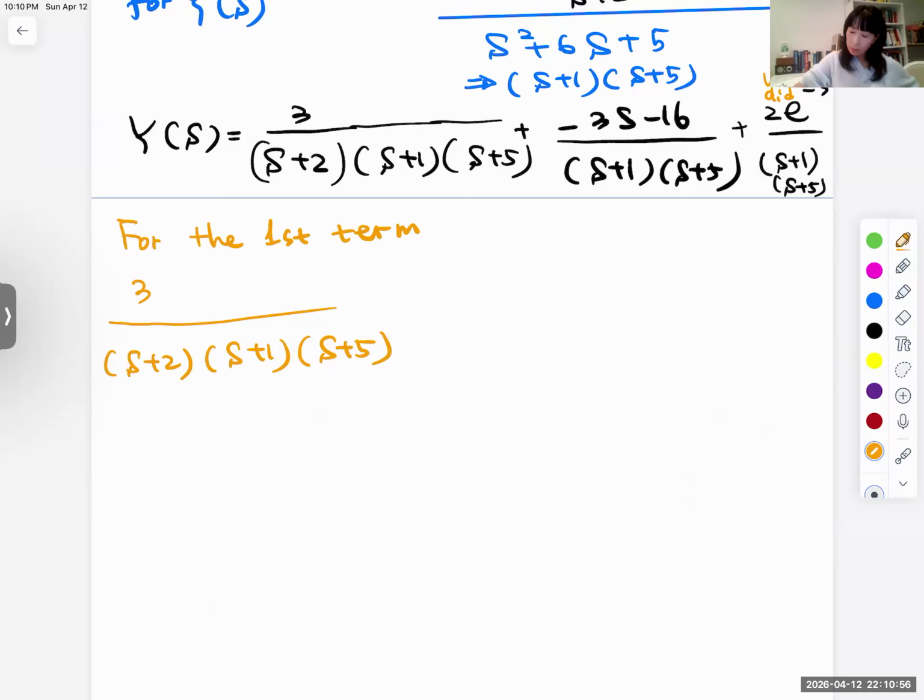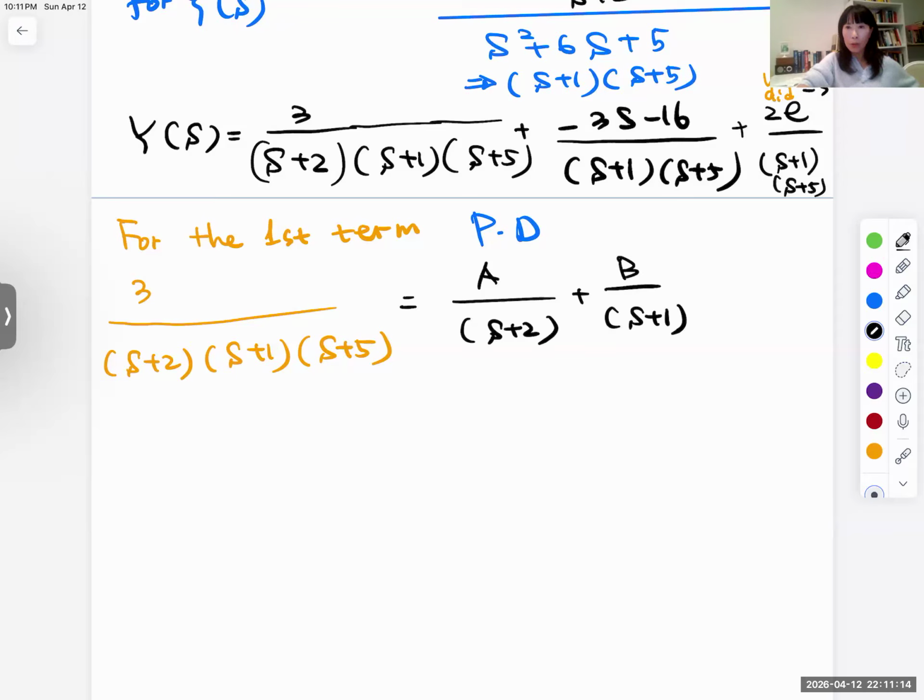Partial decomposition, so we get A over s plus 2 plus B over s plus 1. I am recording, right? And plus C over s plus 5. Common denominator.